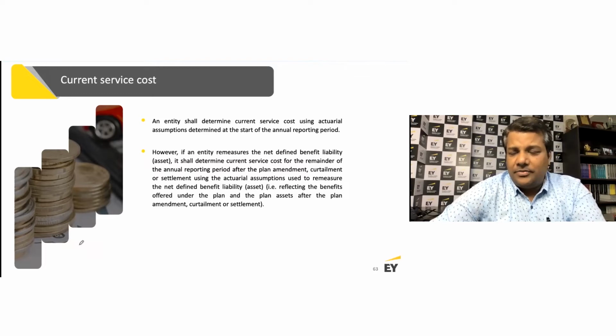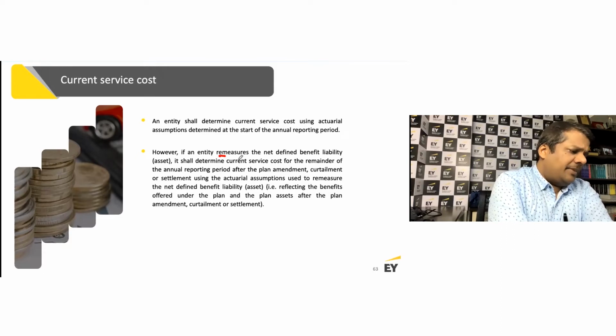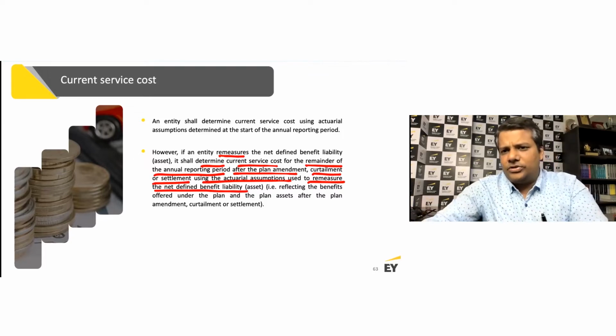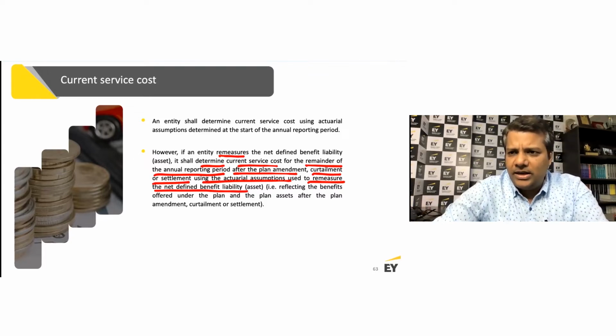And if an entity remeasures the net defined benefit liability, it shall determine the current service cost for the remainder of the annual reporting period after the plan amendment, curtailment, or settlement, using the actuarial assumptions used to remeasure the net defined benefit liability. And of course, there could be a scenario of actuarial gain or loss as well in that situation. Otherwise, you determine this at the beginning of the annual reporting period.